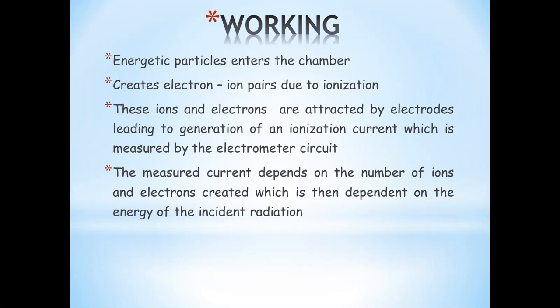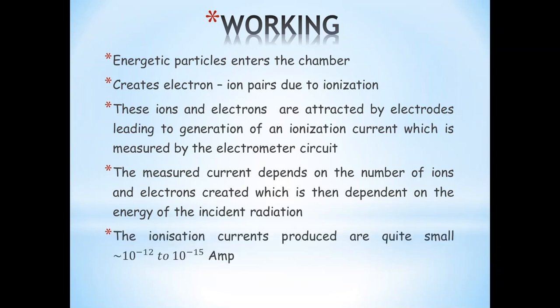The measured current depends on the number of ions and electrons created, which in turn depends on the energy of the incident radiation. The higher the energy of the incident radiation, the more ions and electrons are produced, and hence the more the current. The ionization currents produced are quite small, 10 to the power minus 12 to 10 to the power minus 15 amperes.